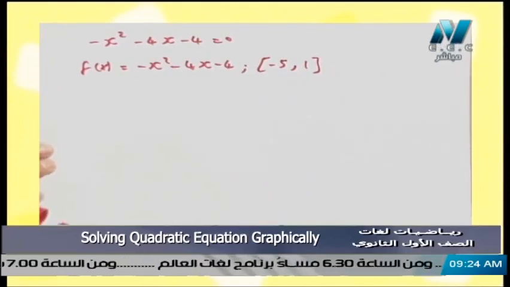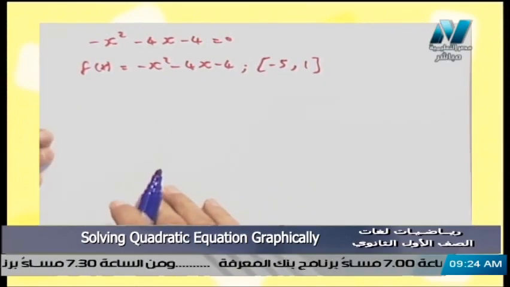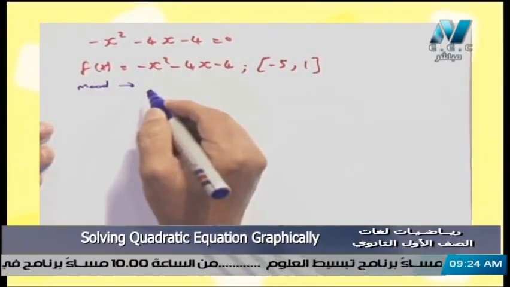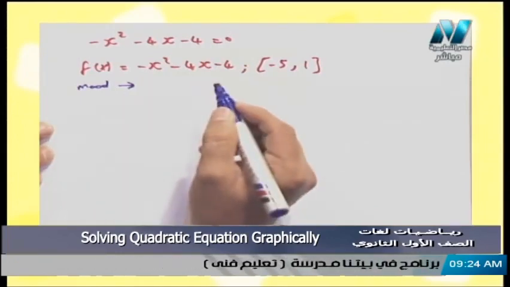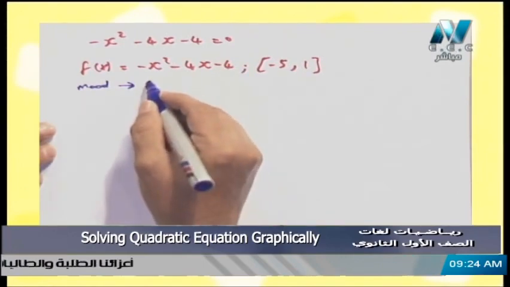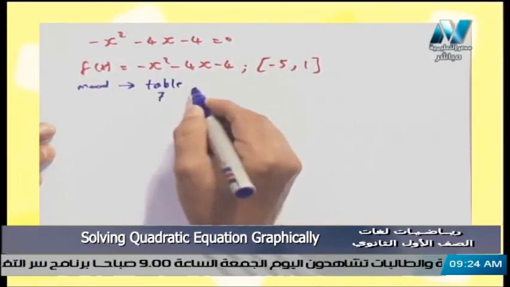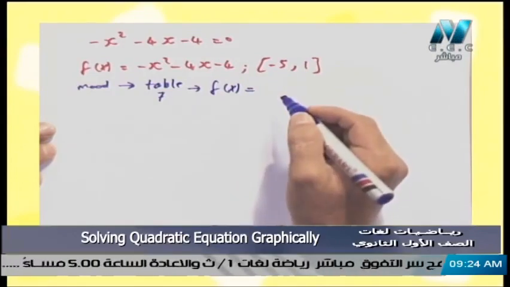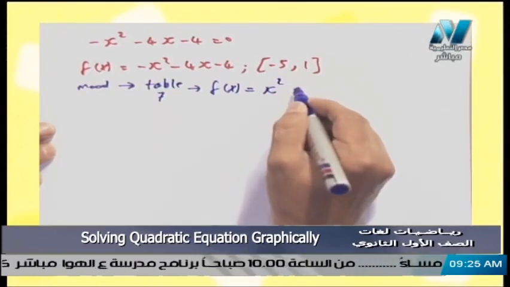As we said, you can use your calculator. It's easy for you. Press Mode, then you will find the word Table. Table has a number, which on a scientific calculator will be 7. We will find f(x) equals, and you have to press alphabetical first and x, and press power 2.